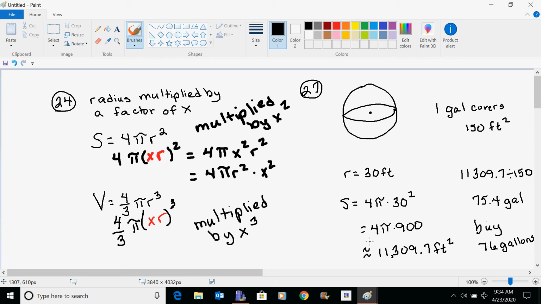Now the purpose of these type of questions is so that you can have an idea of what's going to happen overall to one value as a result of another value increasing. And so this is kind of an open-ended type of thing.